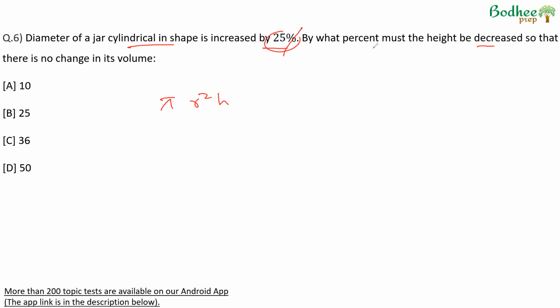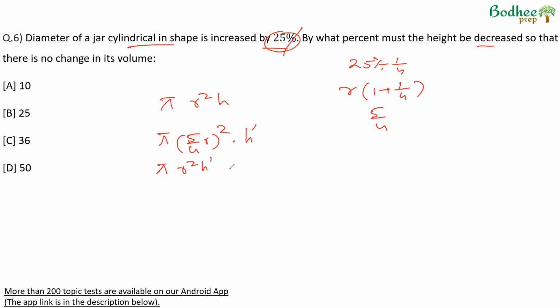The radius is increased by 25%. 25% is 1 by 4 in fraction. So if we had the radius as r, the new radius will be r into 1 plus 1 by 4, or 5 by 4r. And therefore the volume will become pi 5 by 4r whole square into the new height, say h dash. This is nothing but pi r square h dash into 25 by 16.